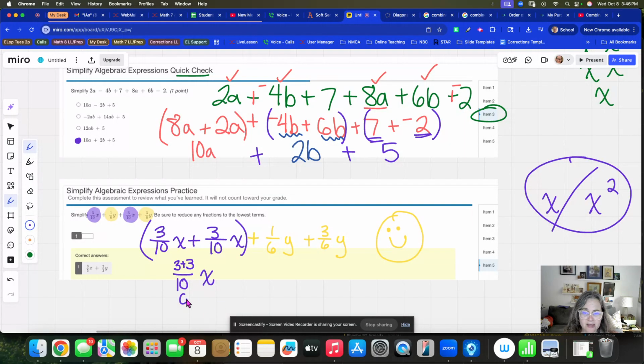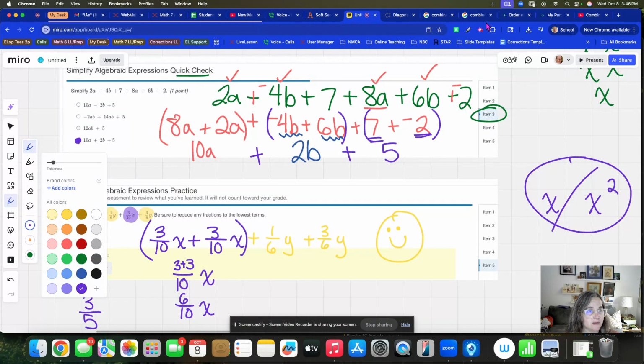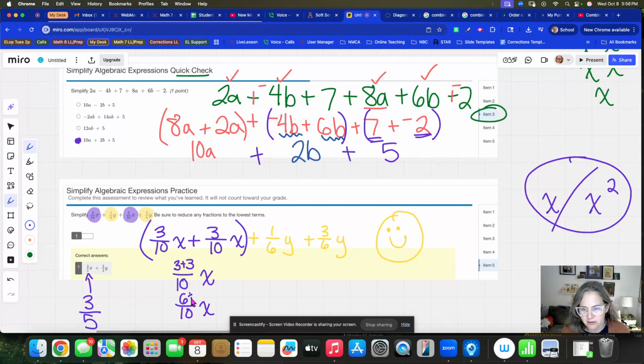So I get 6/10 x, and I don't know if you can see the answer here, but it looks a little different, and that is because they have simplified the fraction into lowest terms. If you divide by 2 in the numerator and the denominator, you will get their answer, which is 3/5.